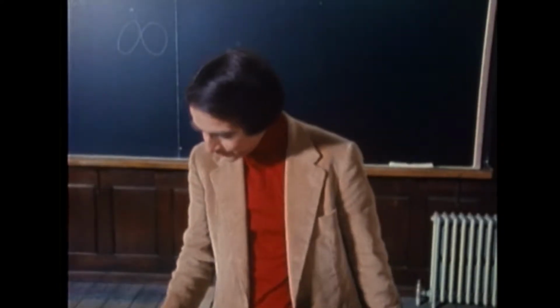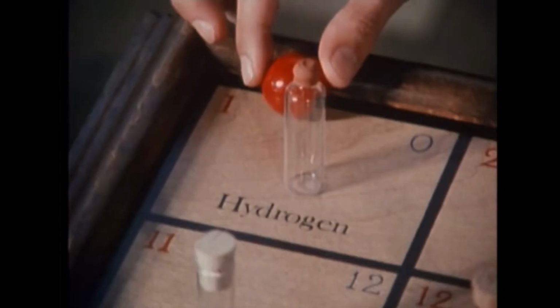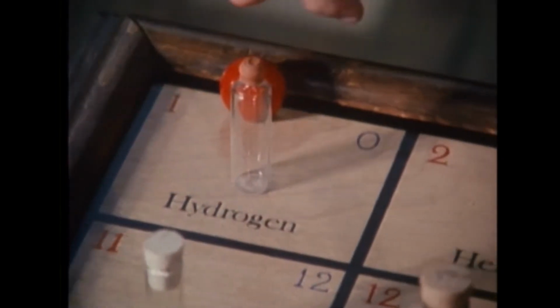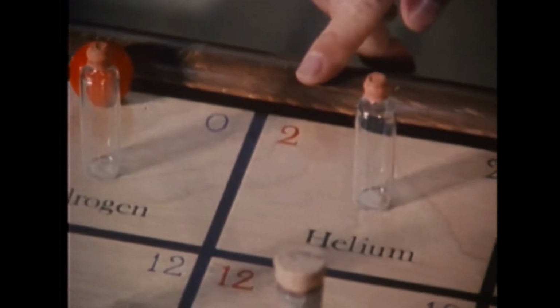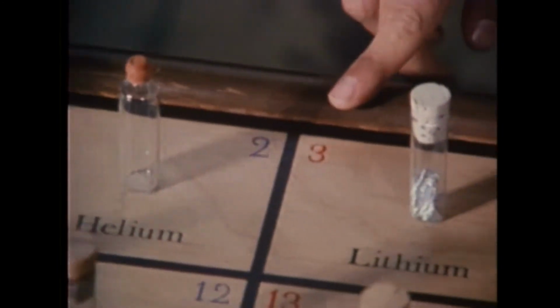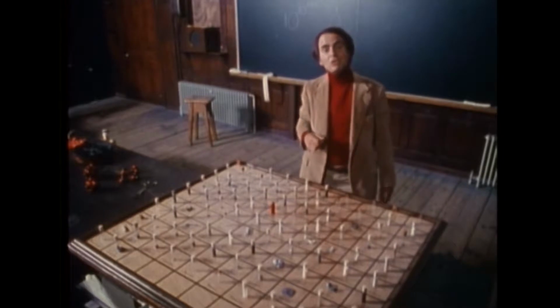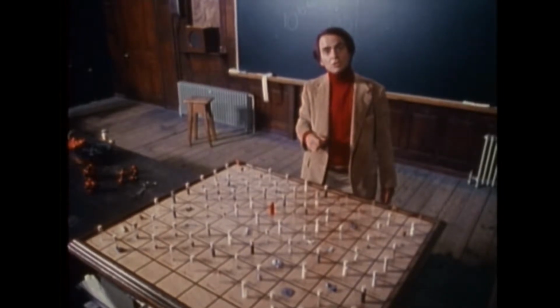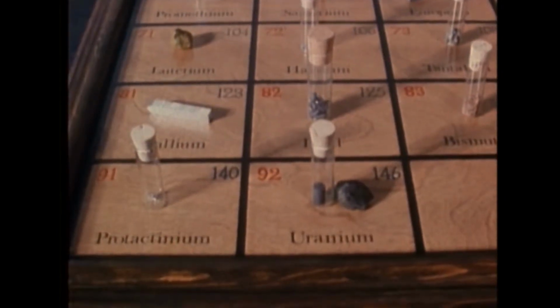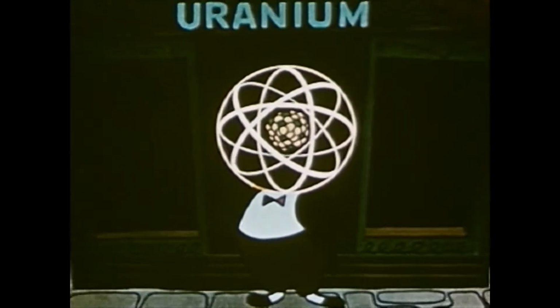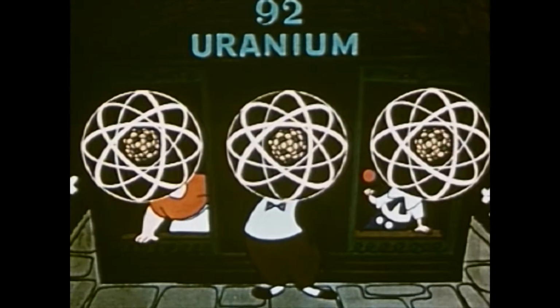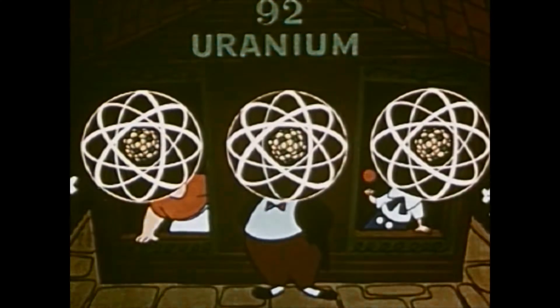If you're an atom and you have just 1 proton, you're hydrogen. 2 protons, helium, 3 lithium, and so on, all the way to 92 protons, in which case your name is uranium. For any given element, the number of protons must remain the same, but the number of neutrons may vary.